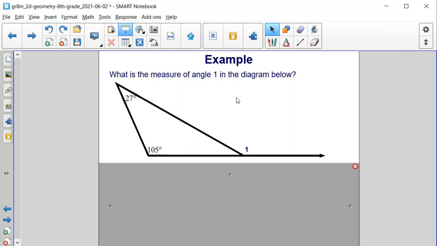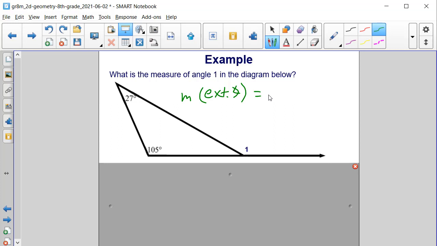Now that we know that the exterior angle theorem is indeed true, how can we apply it to find the measure of angle 1 in this diagram below? Well, what the exterior angle theorem states is that the measure of the exterior angle is equal to the measure of the other two angles in our triangle that are not next to it.